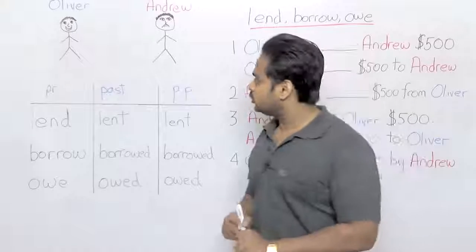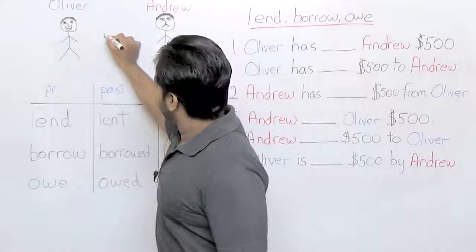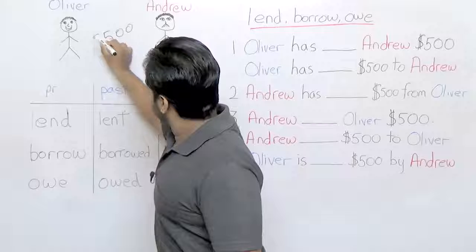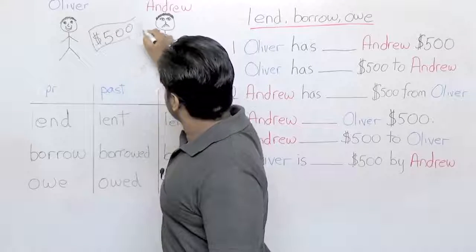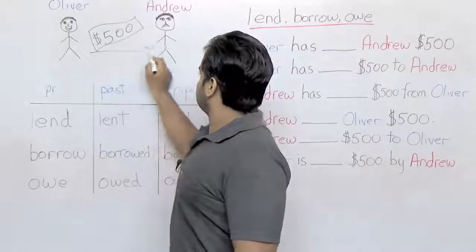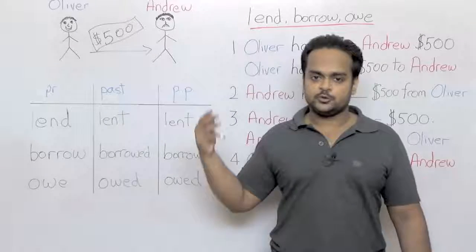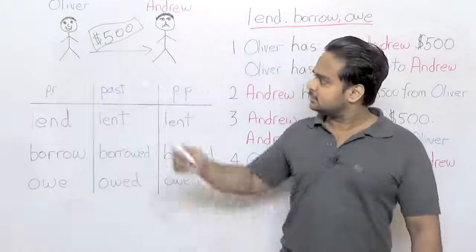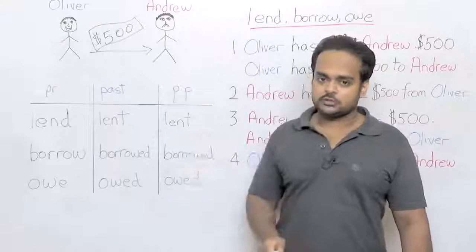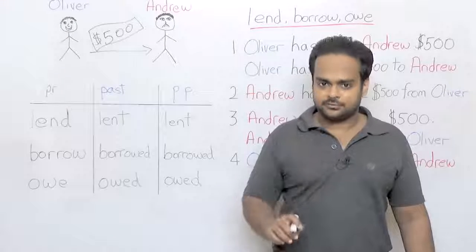So Oliver says, "Great," and he gives $500 to Andrew.